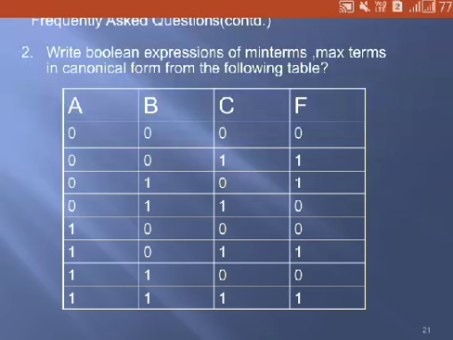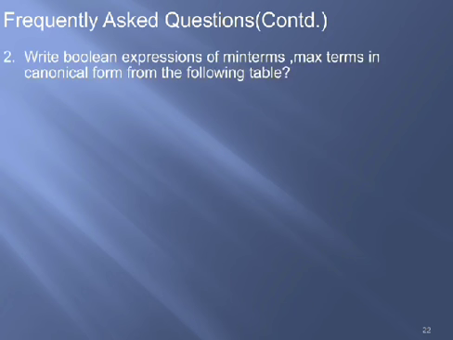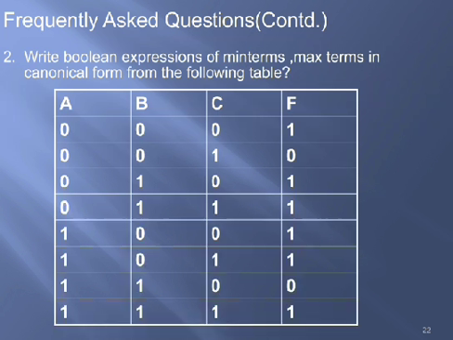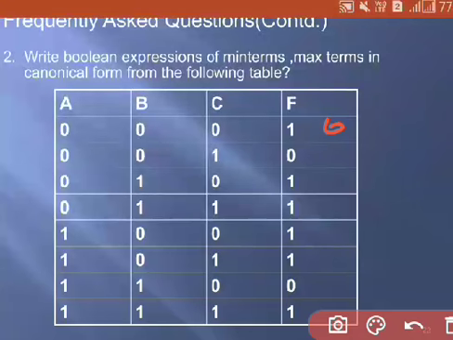In a similar manner, write Boolean expressions of min terms, max terms in canonical form from the following table. Again the same, he is considering 3 variables. Okay, so I can directly say f of a, b, c is equal to summation small m of 0, 2, 3, 4, 5, 7.